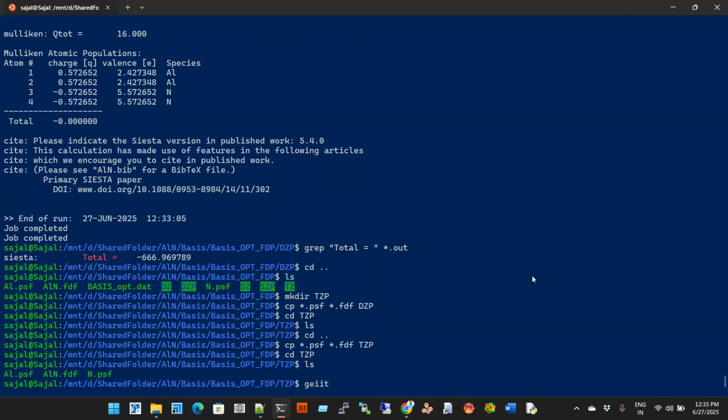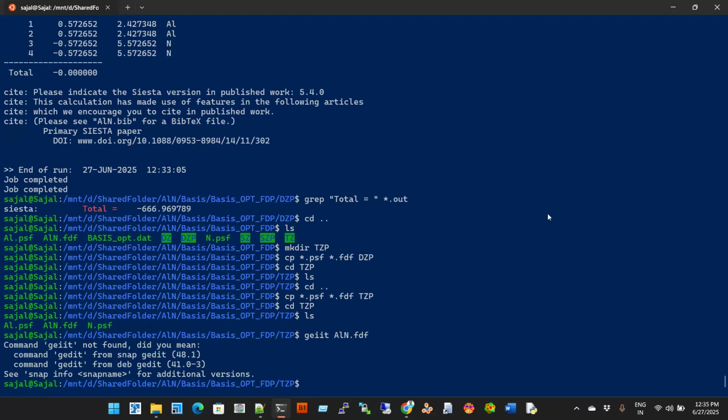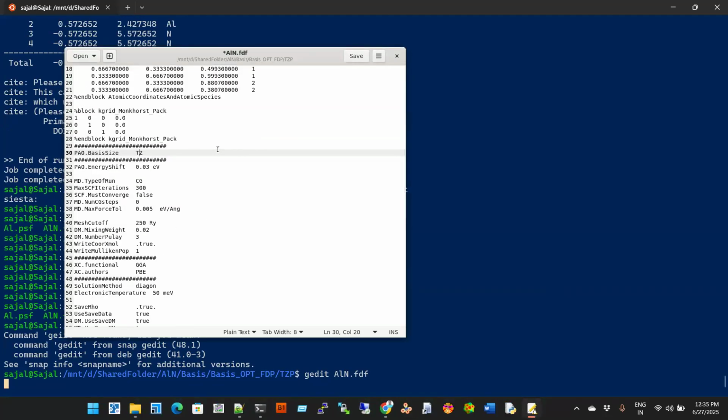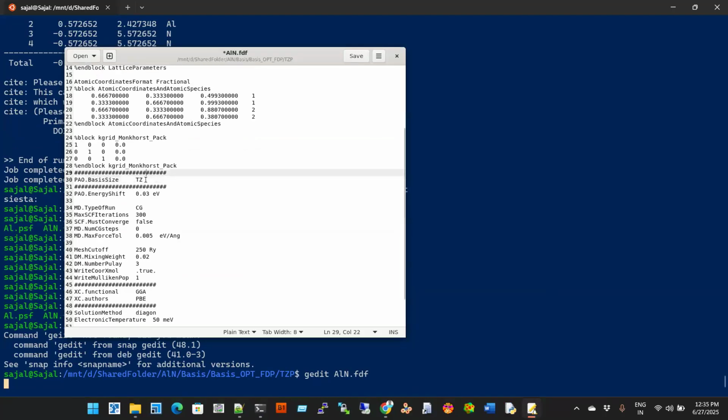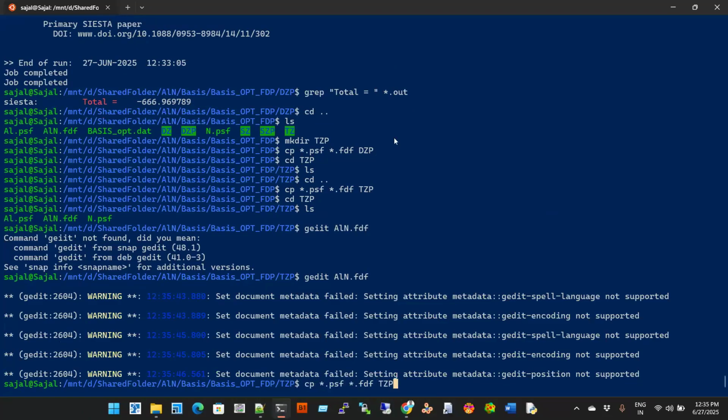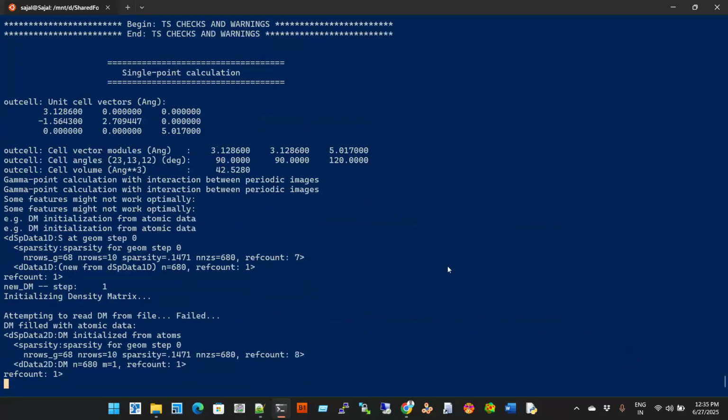We have to again edit the FDF file for TZP. Here we have to use the TZP and use this command for running it again, as we have done in the last few cases.